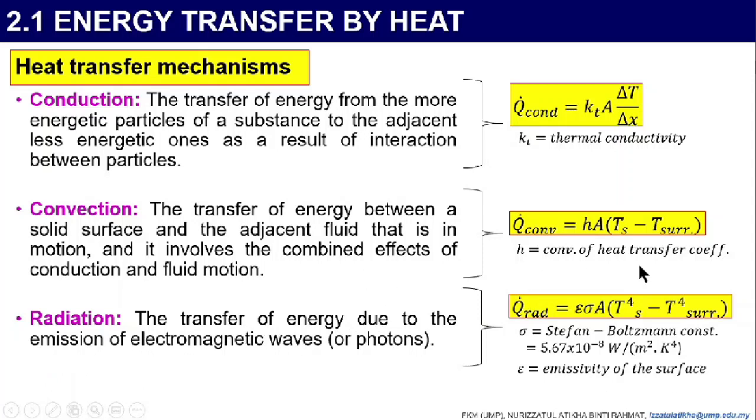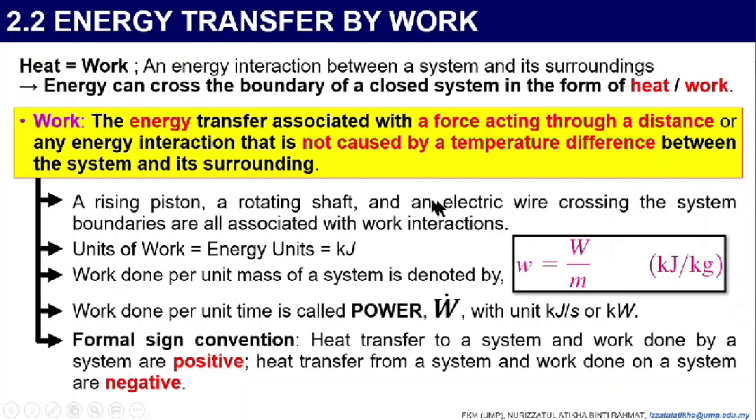And here we have the equation. Sigma here is the Stefan-Boltzmann constant, equal to 5.67 times 10 to the power of negative 8, and the epsilon here is the emissivity of the surface.